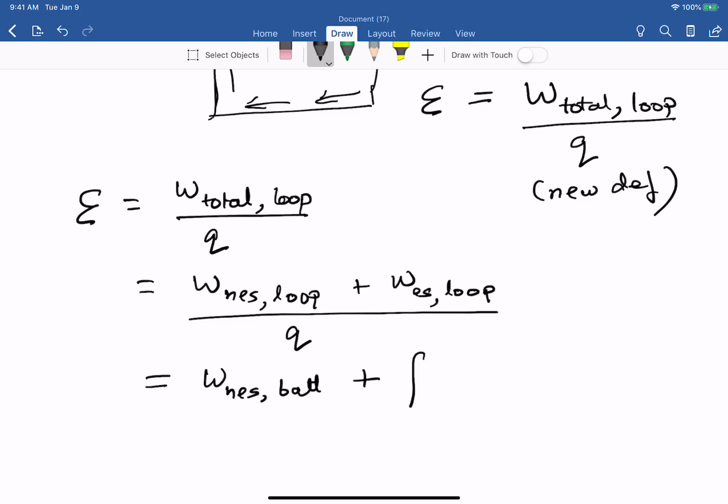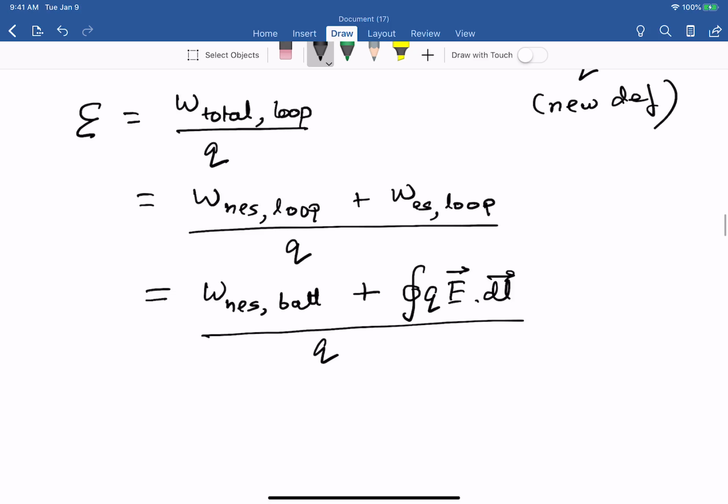So it would be the line integral of QE dot dl, and over a complete loop, I could just write loop here, or I could use the more fancy mathematical notation. When you come back to the same point where you started in a line integral, you denote that by putting a circle through the integration sign, right? Okay, so that's the numerator. The whole thing is divided by Q.